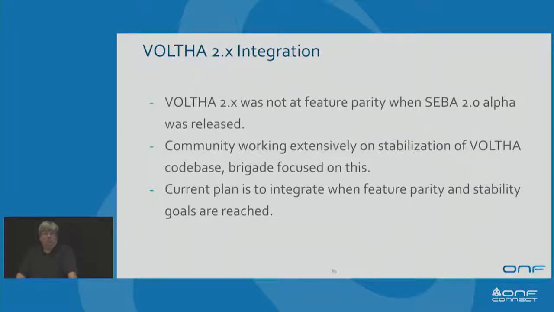The community is working extensively. We have a lot of people involved in the effort to stabilize the Voltha 2.x code base. There's an entire brigade devoted to it, led by David Bainbridge. And if anyone is looking for work to do, we could always use additional people working on that effort. The current plan is to integrate Voltha 2.x as soon as the feature parity and stability goals are reached.